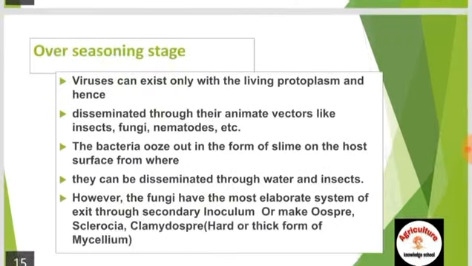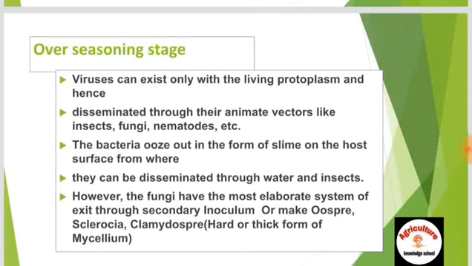Over-seasoning stage. So what are the important over-seasoning stages? Viruses can exist only within living protoplasm and hence are disseminated through their animate vectors like insects, fungi, nematodes, etc. And from there secondary inoculum starts.